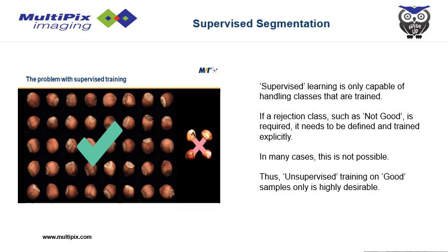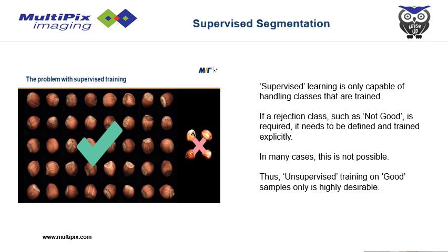Going back to the supervised one, just to give you an example, really. In this case, we've got hazelnuts here. Of course, it's an organic product which has a lot of variation from nut to nut.